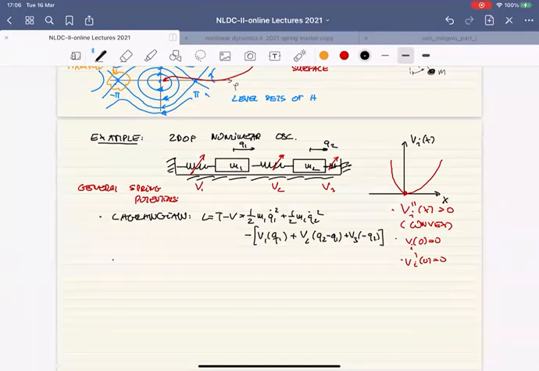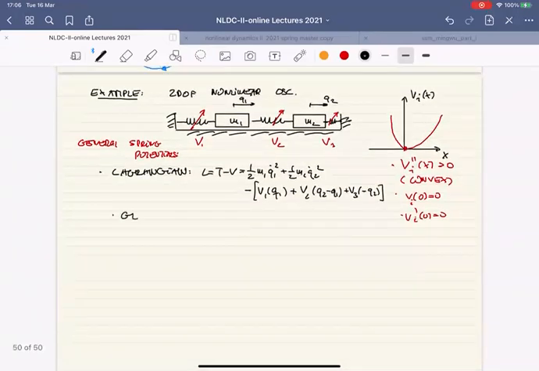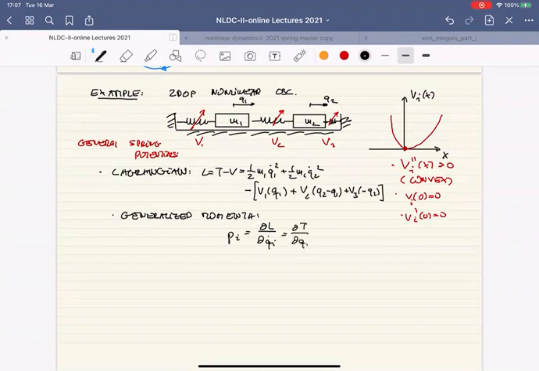So very quickly, just the generalized momentum or momenta, because there's two of them. So what are the generalized momenta? Pi is defined as always the partial of L with respect to qi dot. And if you do that differentiation as usual, that's just the kinetic energy, the partial with respect to qi dot. That's mi times qi dot.